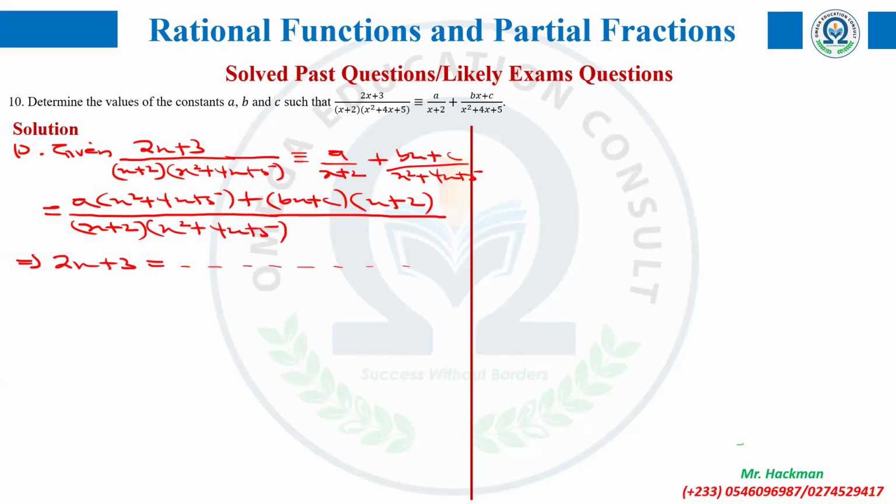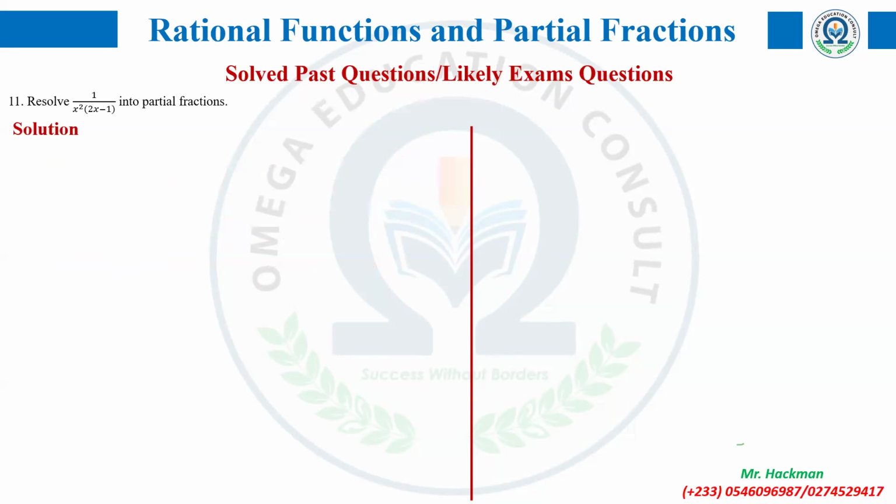Otherwise, if you still want to use substitution, but I would advise you compare coefficients, and you use that one. In any case, you are asked to find the values of A, B, and C. So here, when you get your A, B, and C, you don't go and substitute. Is that clear? Yes. Just conclude. So let the question tell you or inform you as to what to do in terms of your conclusion.